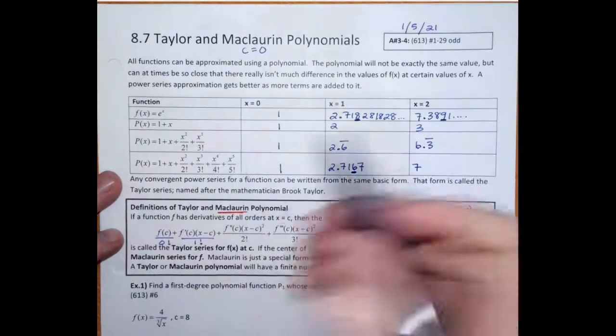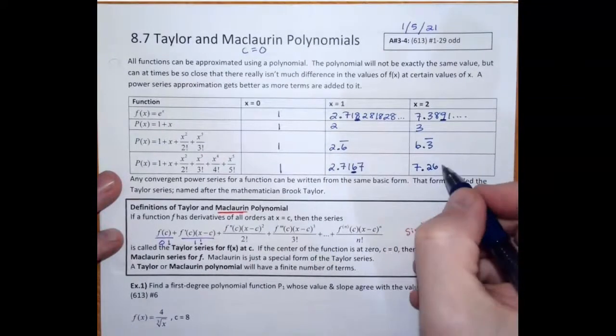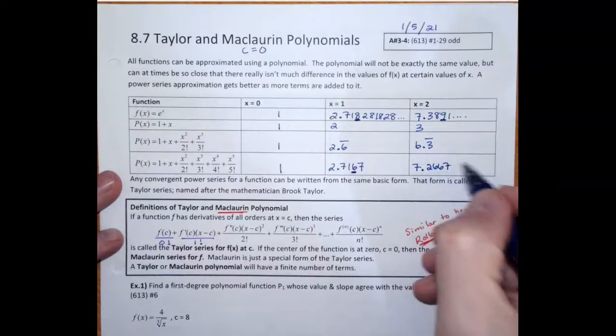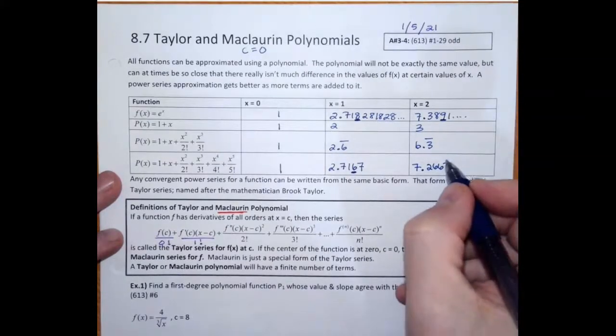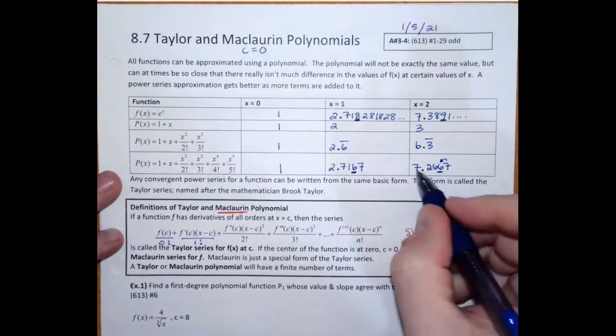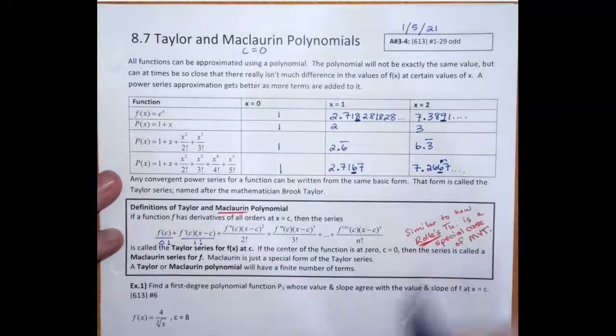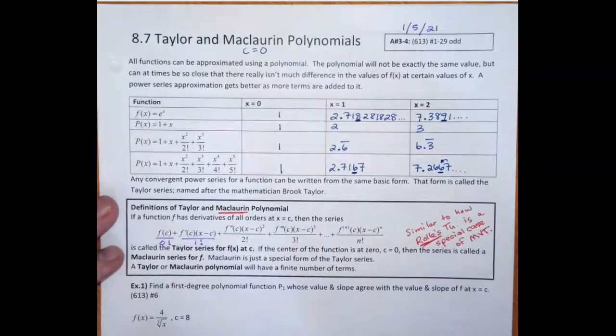And if we go out 2 more, 7.26, and to round this up, that would actually be 7.267. We want to focus on that.